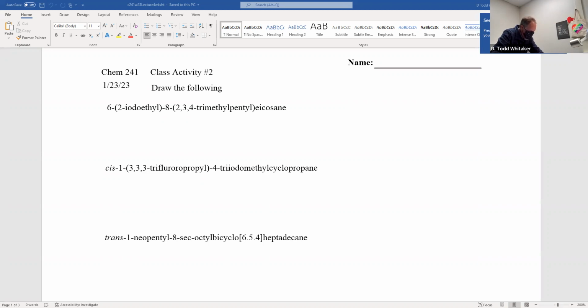On carbon 1 of cyclopropane, I'm going to draw a 3,3,3 trifluoropropyl. So what do I draw first, the trifluoro or the propyl? The propyl. How many carbons in a propyl? Is it 3 or 5? 3. Somebody fell into the trap. The person that said 5, next time you always got to say pen 5, pen 5, pen 5.